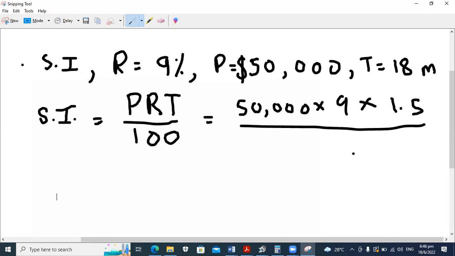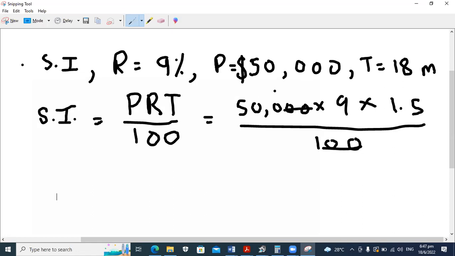Why is 24 months 2 years? Because 12 times 2 is 24, and 12 months is 1 year. You could reason it that way, but you could also say 24 divided by 12. Then divided by 100, so these two will go away.